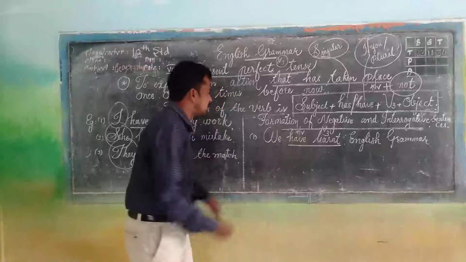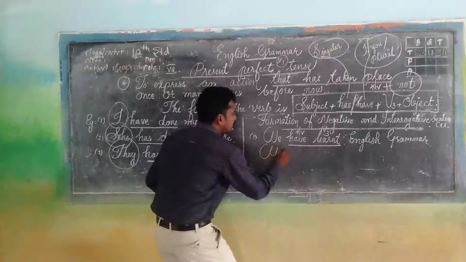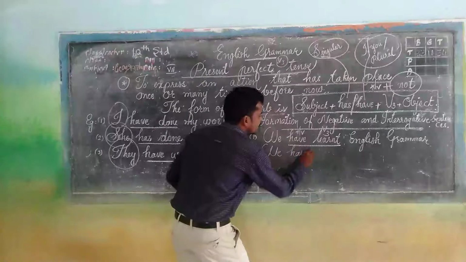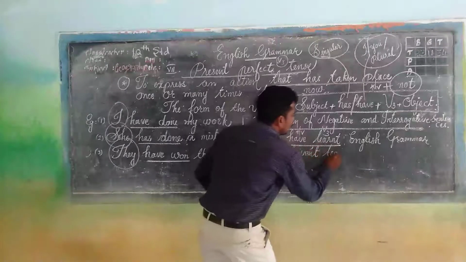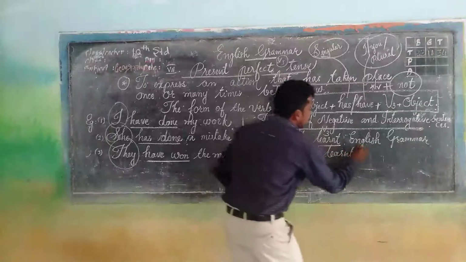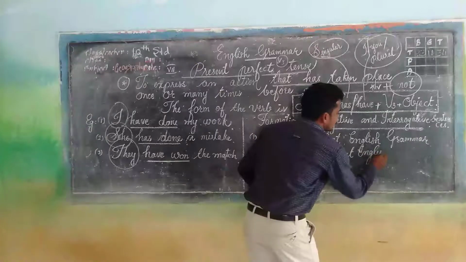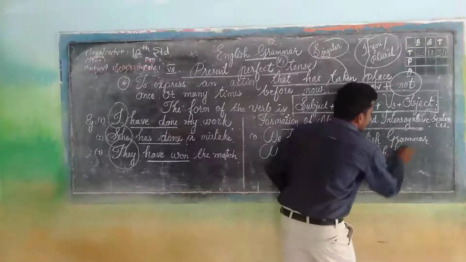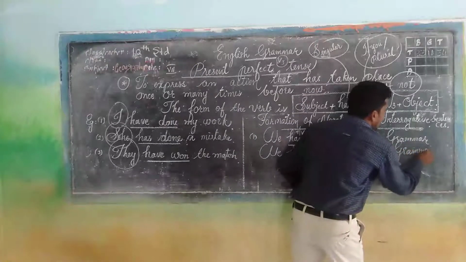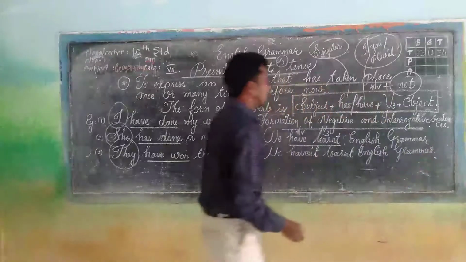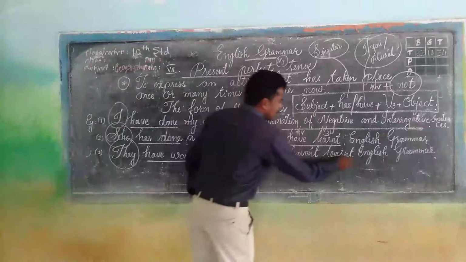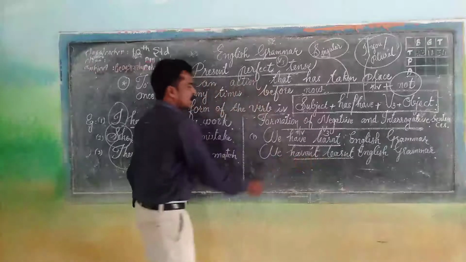Have plus not is haven't. So how does it become? We haven't learned English grammar. Now the sentence is negative because I did add not along with the helping verb. We haven't learned English grammar.